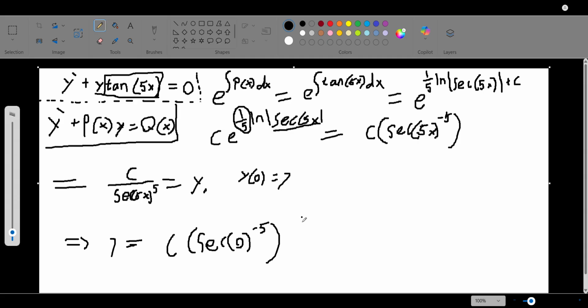Secant of 0 is equal to 1, and 1 to the 5th is still equal to 1.